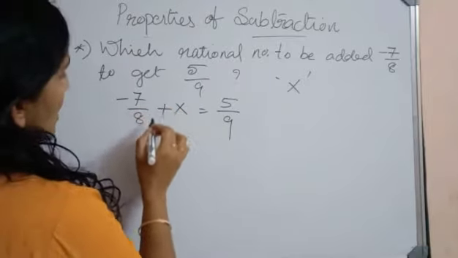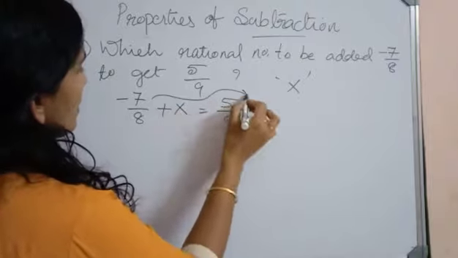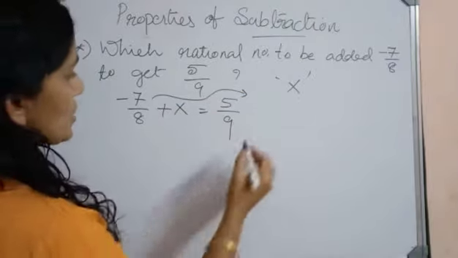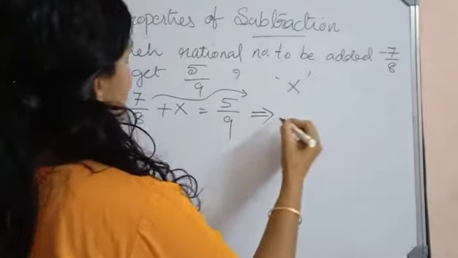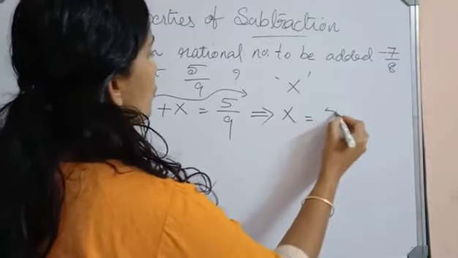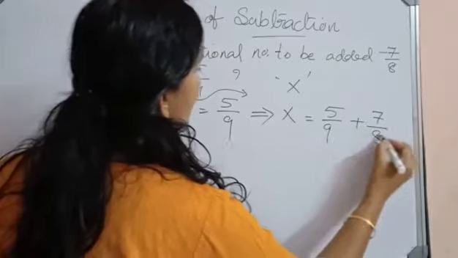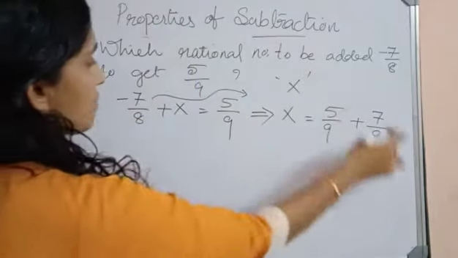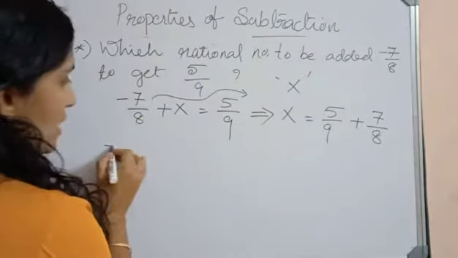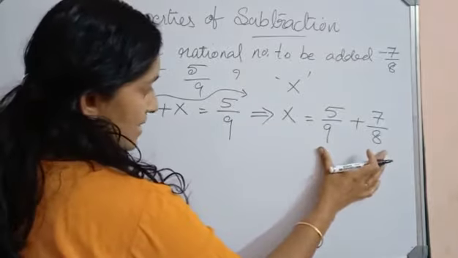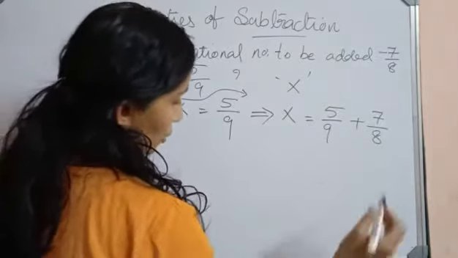So what we have to do in the next step is to bring this minus 7 by 8 to the other side. So you get x is equal to 5 by 9 plus 7 by 8. Here minus 7 by 8 becomes plus 7 by 8, and again we have to take the LCM here since both have different denominators.